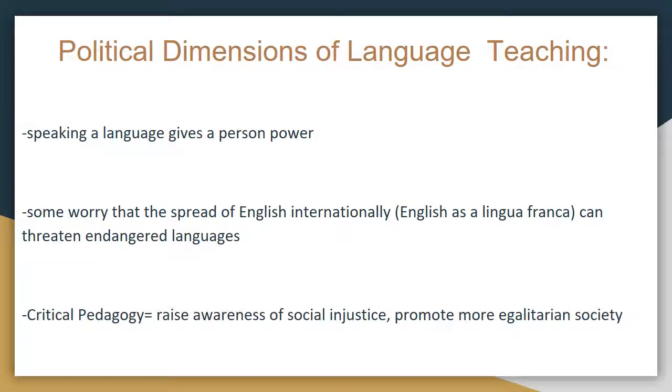And not only are they aware of what's unjust or what's unfair and unethical in the world, but students are empowered and given resources to be able to promote a more egalitarian society. And the teacher provides them not only with resources, but also provides them with encouragement as students work to make society more fair and just for all.